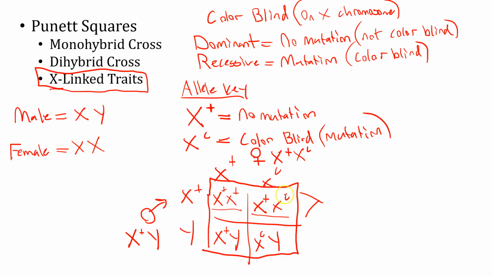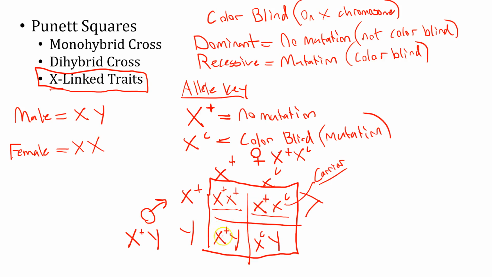She does have 1 copy of the colorblind chromosome, however, because that's the recessive allele, you would actually need recessive alleles alone to have that recessive phenotype. So we would say that she is a carrier of the recessive allele, but she does not actually have that phenotype, because the dominant one here is the one that takes over and is expressed.